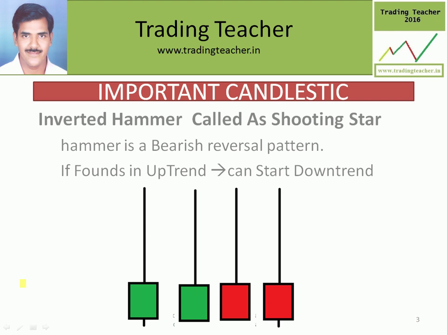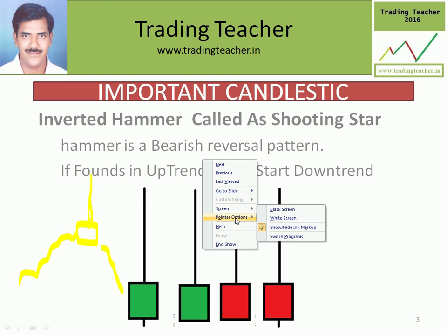Assume the market is going up and the candlestick forms like here; we call it a shooting star. After the shooting star is formed, the market can go downwards. Color doesn't matter much here: if the color is red, the market can fall very fast, and if the color is green, the market can fall very slowly.